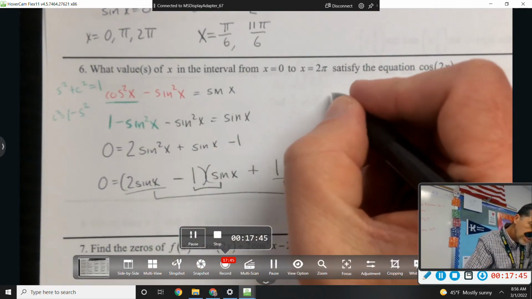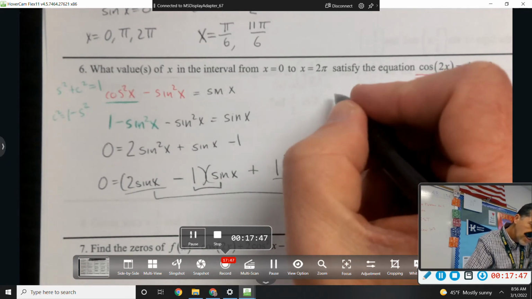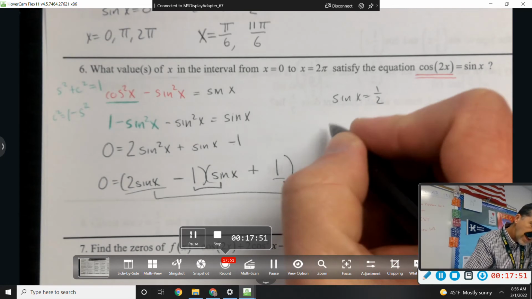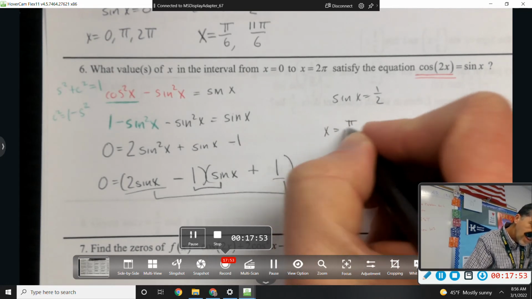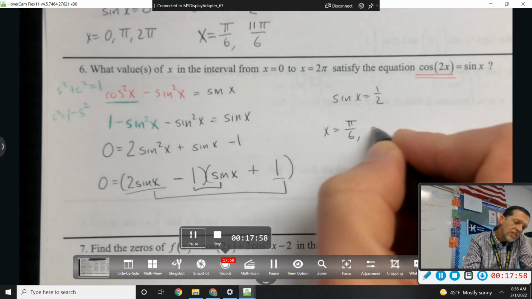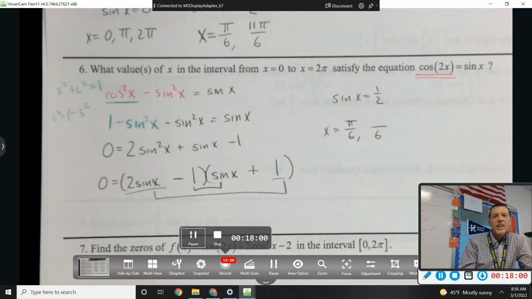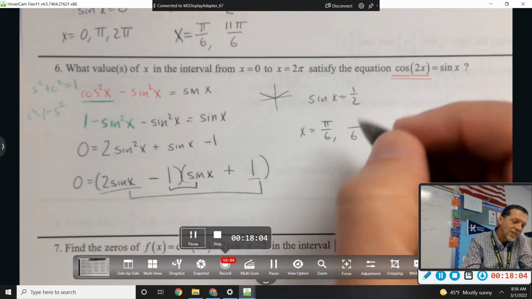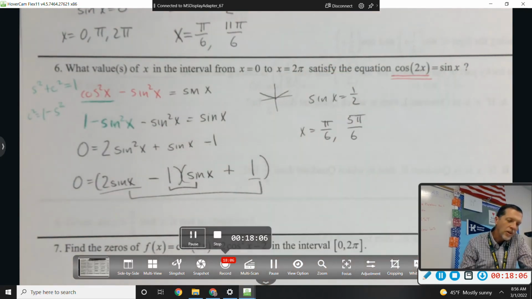So now we set both of those equal to 0. So sine of x equals 1/2 at pi over 6 and the other, 5 pi over 6. This is what I get for trying not to draw them. Again, I could draw them and get the answer faster.